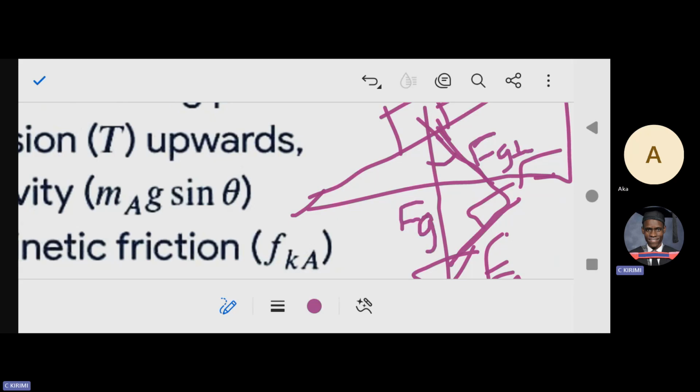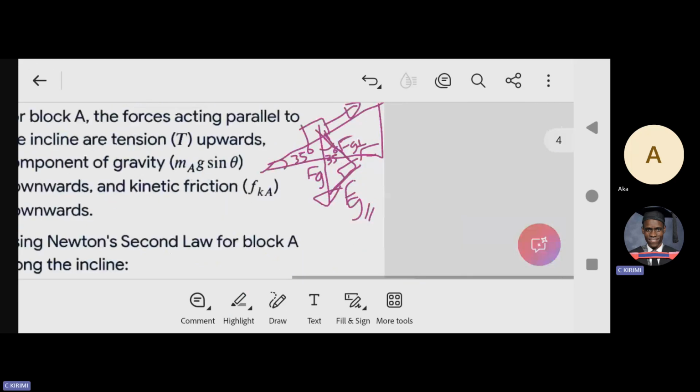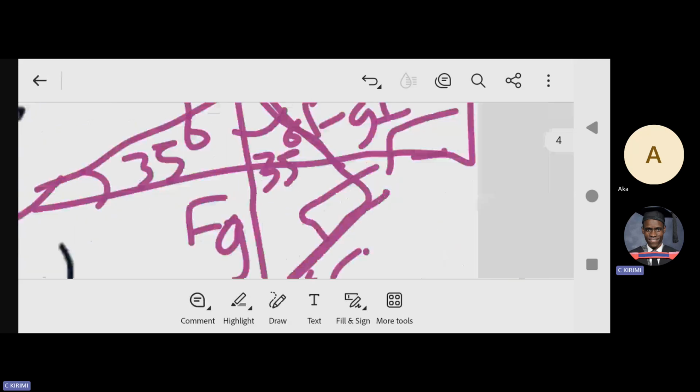And this angle is the same as this angle, which is 35. Also, this one is also 35. That's how you draw your diagram.